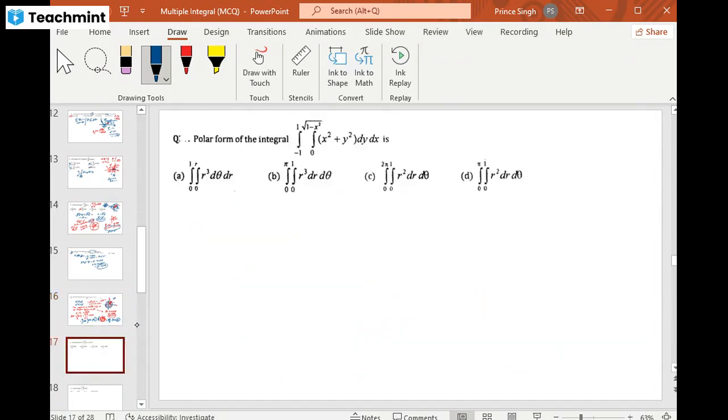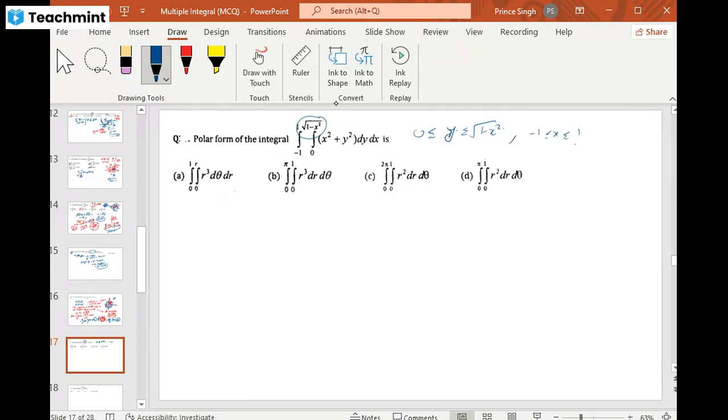Okay, now let us move to the next question. Again we want to transform this integral into polar form. So firstly, we'll try to see what the given region is here. The inner limit is a function of x, so it means that the limit of y starts from 0 and goes to square root of 1 minus x square, and the limit of x varies from minus 1 to 1.